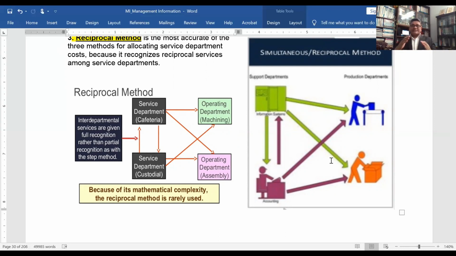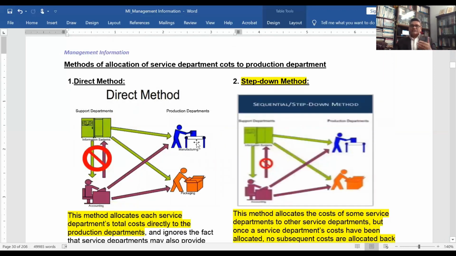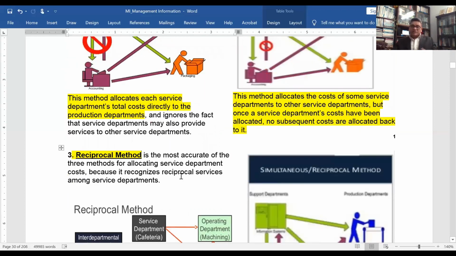So we have seen that there are 3 methods for allocating service departments' overhead cost to production: direct method, step-down method, and reciprocal method.